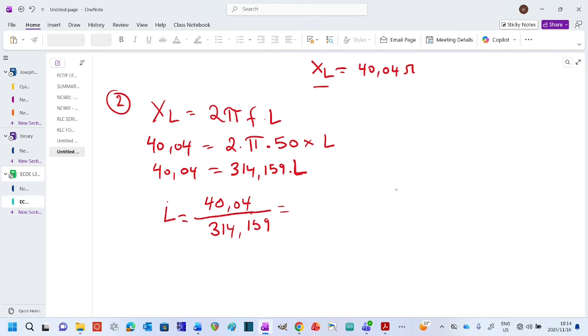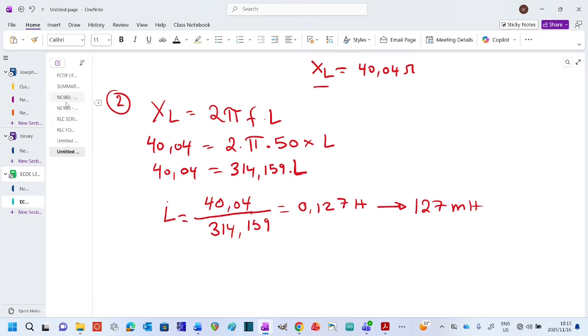The answer is in Henry, 0.127 Henry. If you have to convert this into millihenry, we multiply by 10 to the power 3, which is the same as 1000. So this gives me 127 millihenry. So that is the answer.